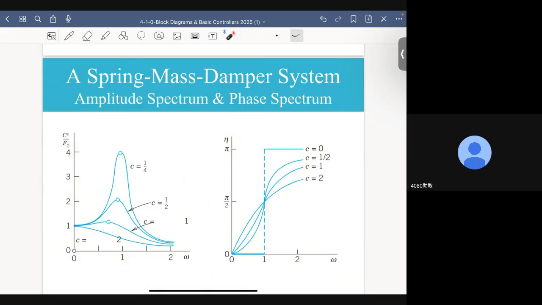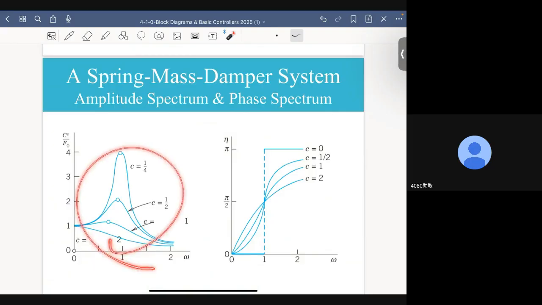Why do we call it frequency response? The term response here is easy to understand because it represents the result of the excitation, how the system responds to that external excitation force. And the reason we call it frequency response is that we take the frequency parameter into consideration.